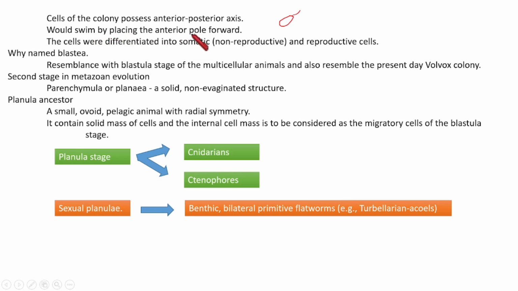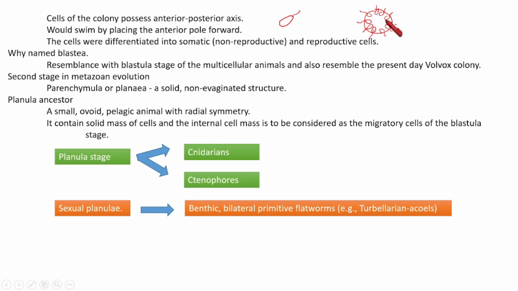If we take an individual cell, it possesses an anterior-posterior axis, and it can swim with the anterior part in the forward direction. Also, in that ball-like arrangement of many flagellated single cells, there is some differentiation into non-reproductive and reproductive cells.